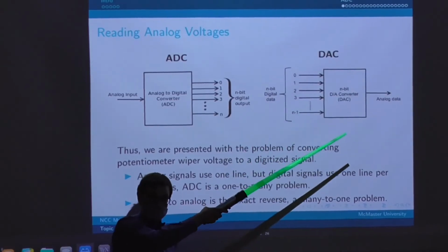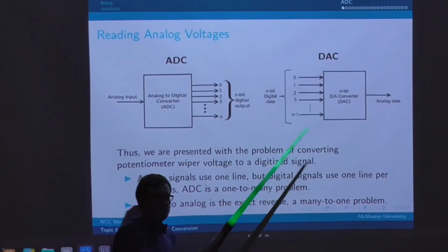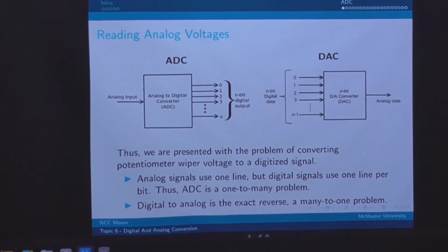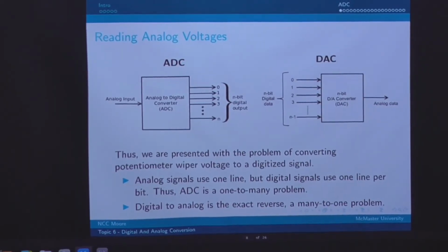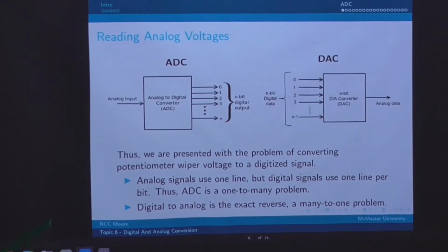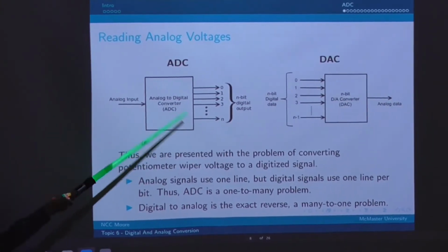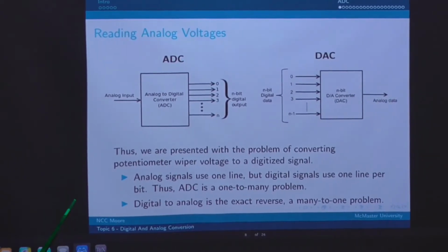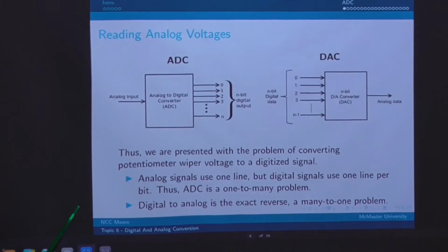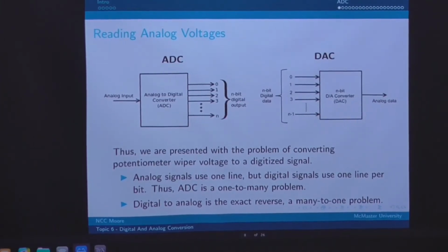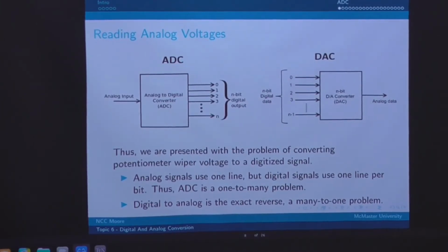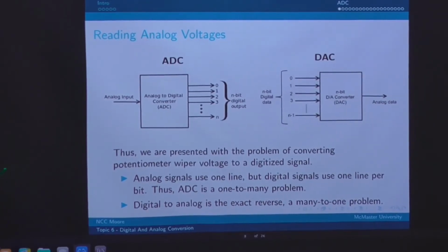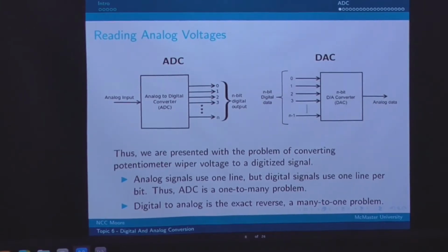In the reverse process, we are going from many to one, right? So essentially, what a lot of these circuits are going to look like is, how do you take this one thing and derive a whole bunch of things from it? Analog signals use one line, but digital signals use one line per bit. Thus, ADC is a one-to-many problem. Digital to analog is the reverse. Yes, this is a short slide. Any questions so far?